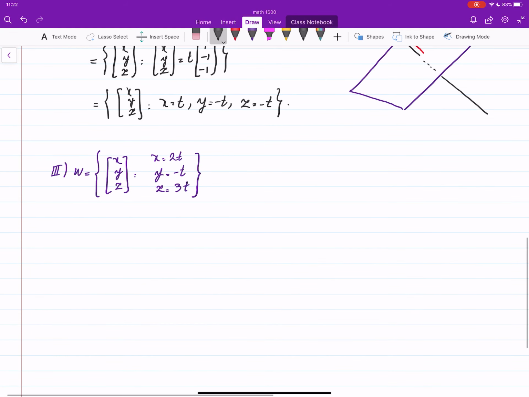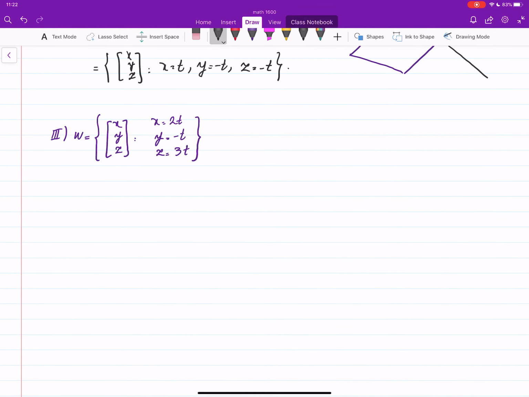Well, we can also have a third case, where the equation this time is the parametric equation of a line. So this is the line through the origin and parallel to the vector (2, -1, 3), the coefficients of t in the parametric equations.